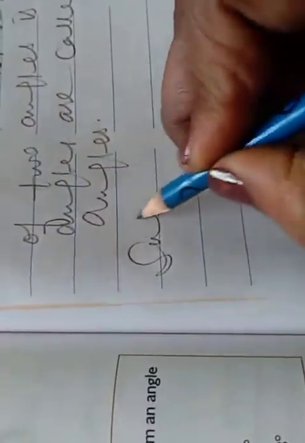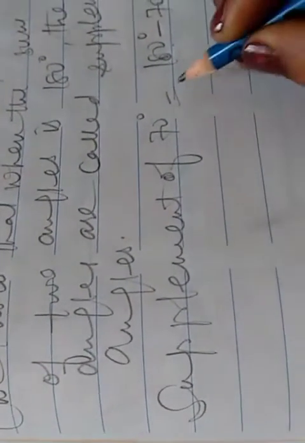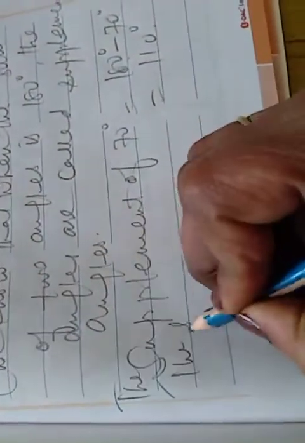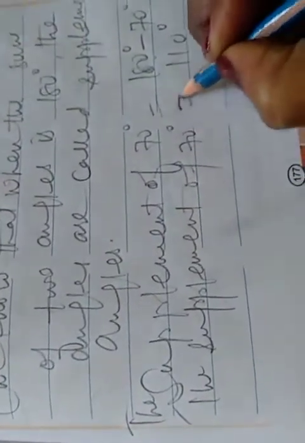You will write the property also, okay? So supplement of 70 degree will be equal to, you will subtract 70 degree from 180 degree. Then what will you get? You will get 110 degree. So the supplement of 70 degree is equal to 110 degree. Okay.